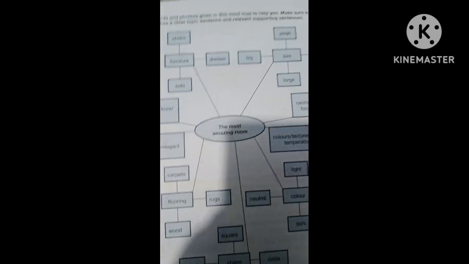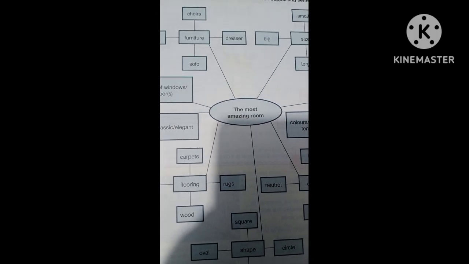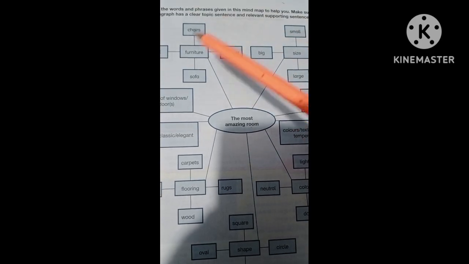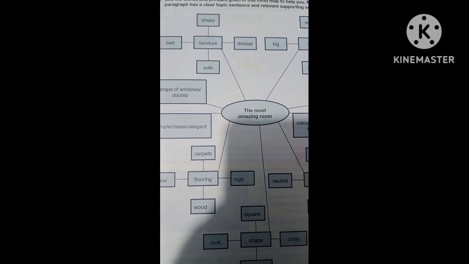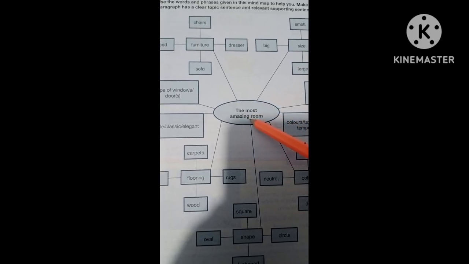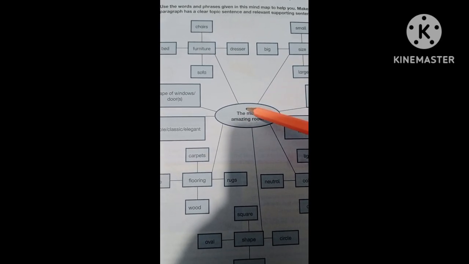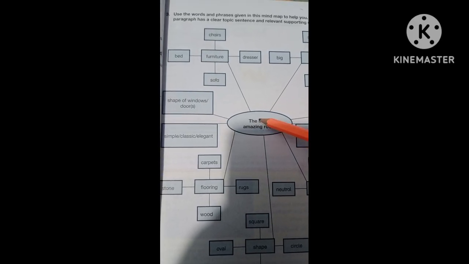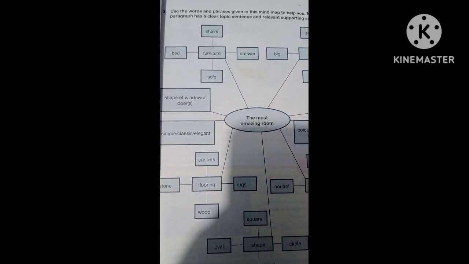Next, we will do this in our classroom. This is a mind map. For example, I will give you different kinds of words, and you have to produce a paragraph on this topic. For example, the most amazing room. What would you say?